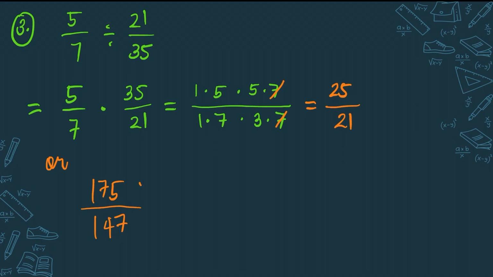So you may just divide the numerator by 7 and the denominator by 7. So 175 divided by 7 is just 25, and 147 divided by 7 is 21. So you come up with the same answer.